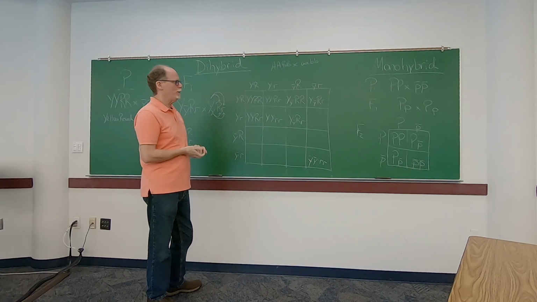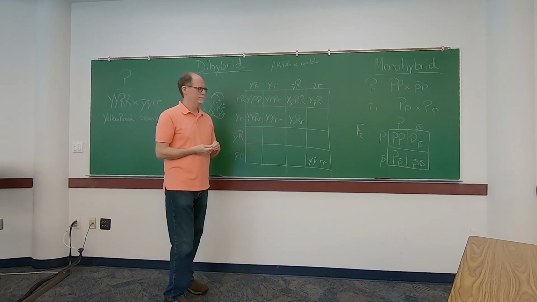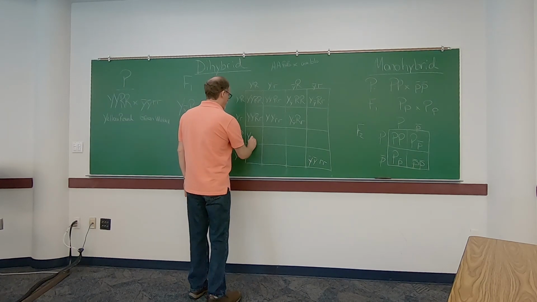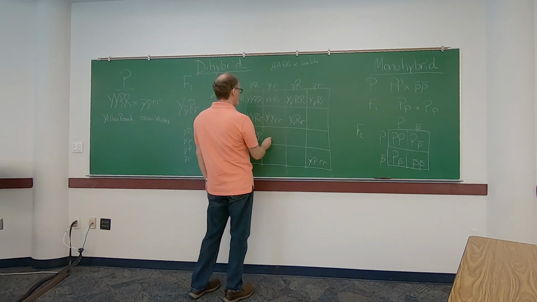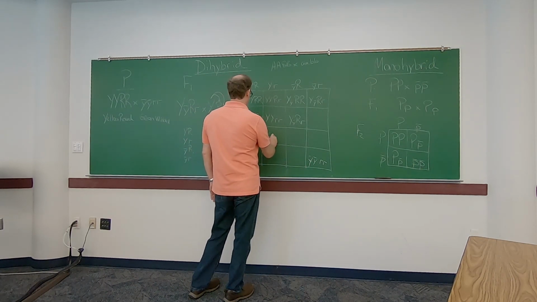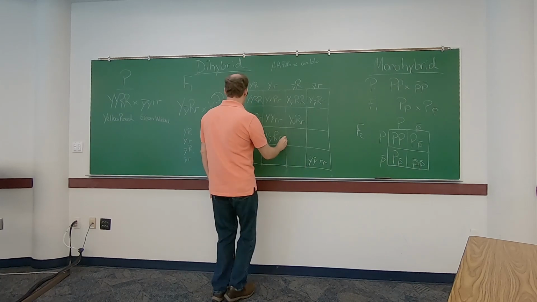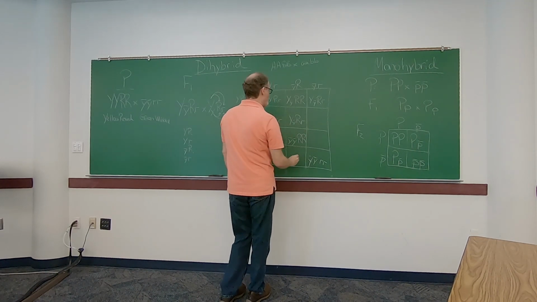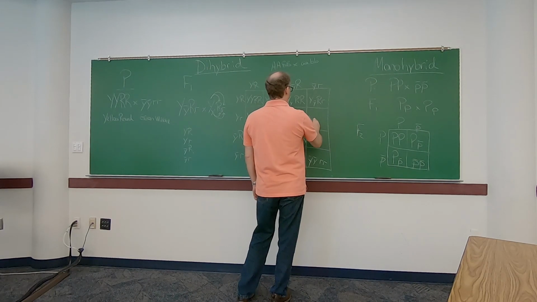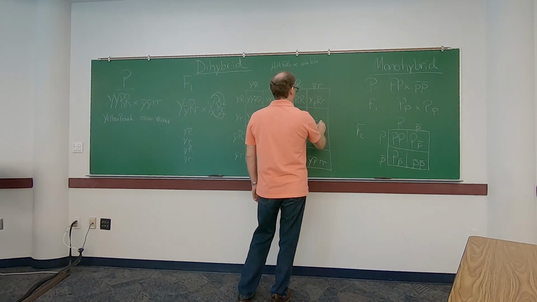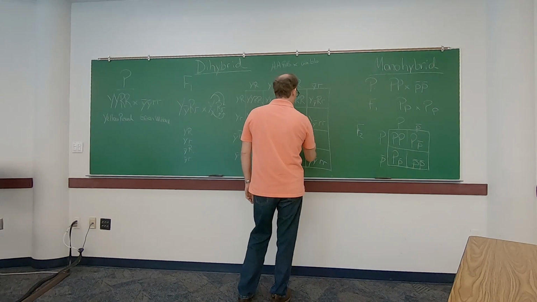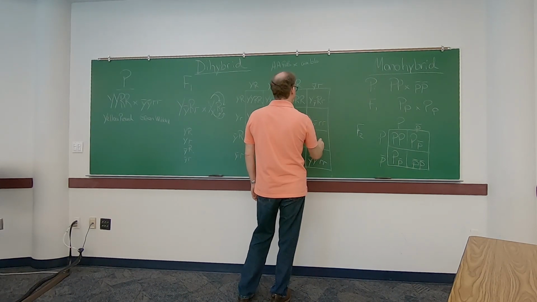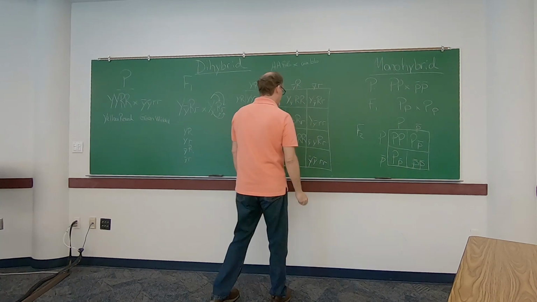So how many give you all dominant phenotypes? To have a dominant phenotype, you just have to have a big R and a big Y. This one would not be both dominants, because it has two little y's. Let's see, big Y, little r, little y, big R, little r.